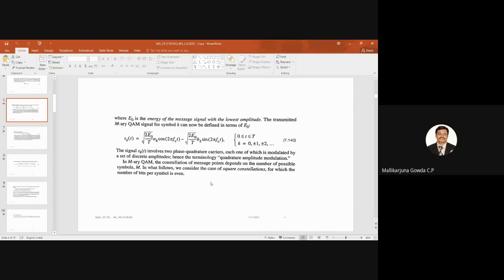For square constellation, the number of bits per symbol will be even, that is, it may be 2 or 4 or 6 or 8, like that.